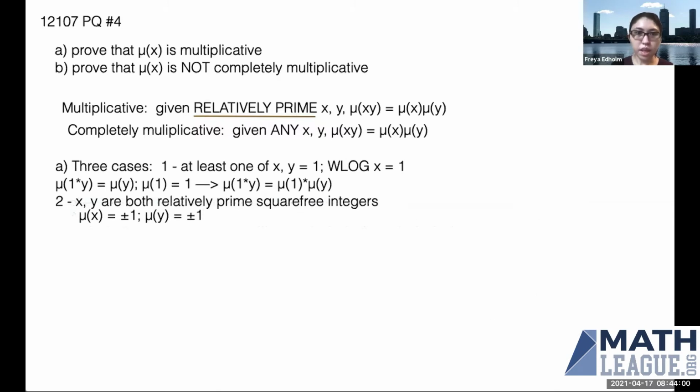And then from there we can conclude that mu of xy will again be plus or minus 1, depending on the parity, so then we get that mu of xy is mu of x times mu of y.